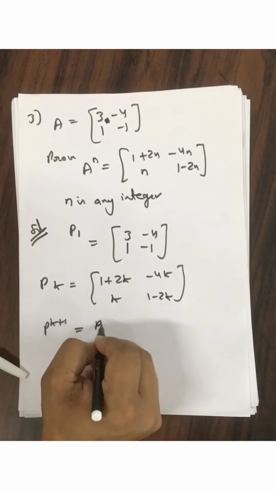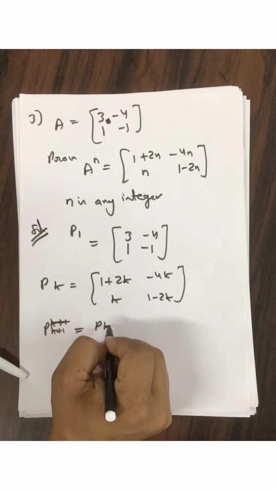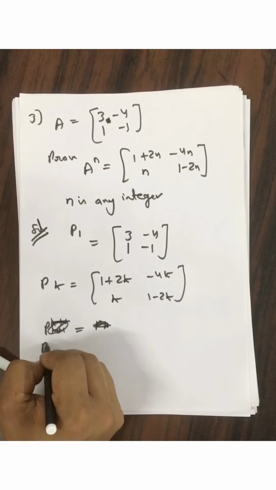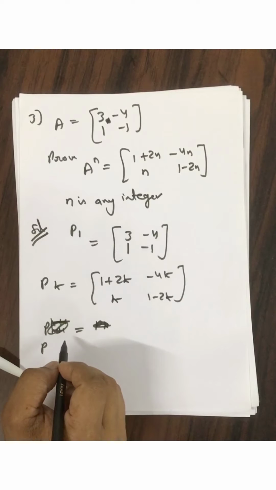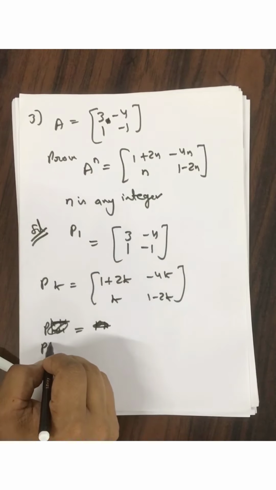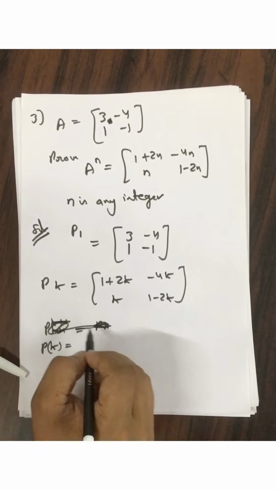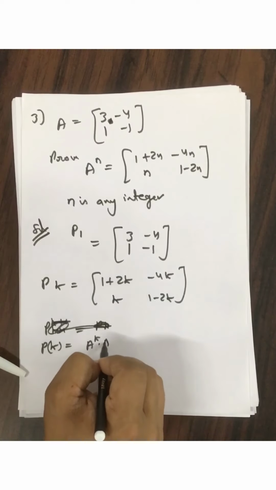That will be Pk, the k is up, it's not down, plus 1. Pk, how much? Yeah, Pk. Fine. So A to the power k into A. Can we write?